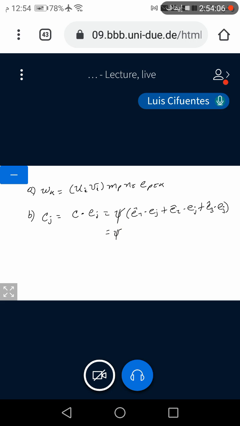And at the end, this is just the Kronecker delta using these symbols here. It's just delta_1j plus delta_2j plus delta_3j. Yes. That's it.